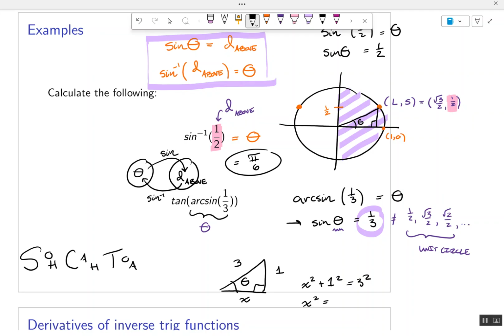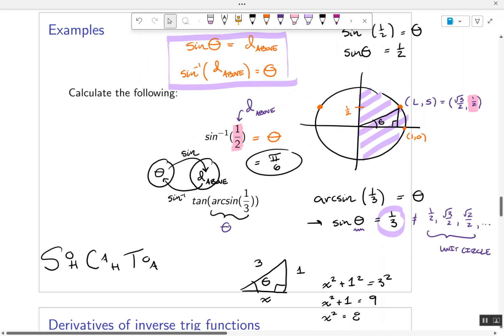Sorry, I'm going a little bit too fast. x squared plus 1 equals 9, so x squared equals 8.